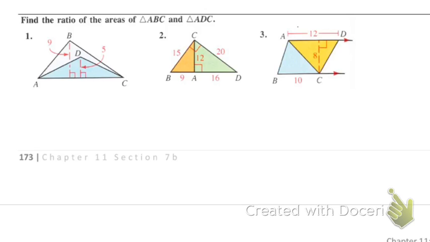All right, so it says find the ratio of the areas of ABC and ADC. So this is where it says specifically what order we have to do it in, right? So we're going to note that they have the same base.